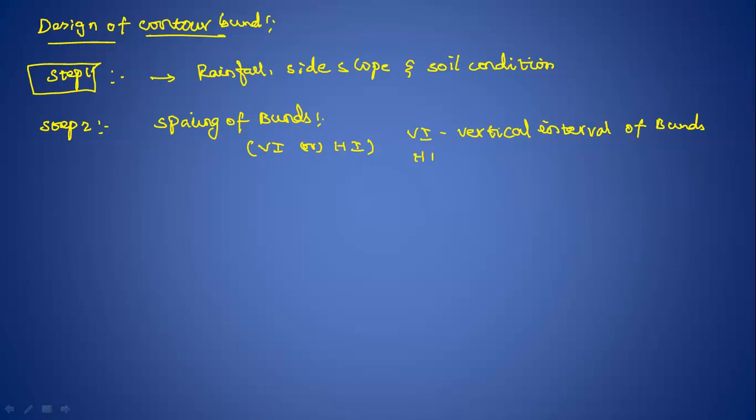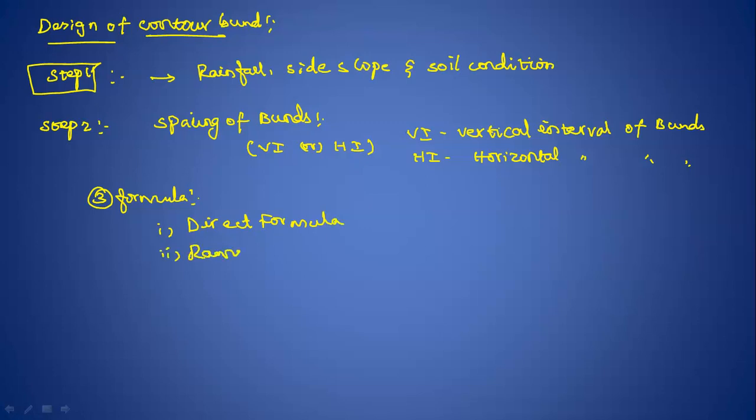HI denotes the horizontal interval of the bunds. It can be identified by three formulas, and we can easily find the spacing. One is a direct formula. Second one is the Ramsar formula. And third one is the Cox formula.